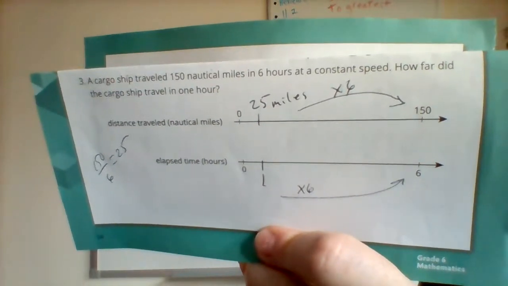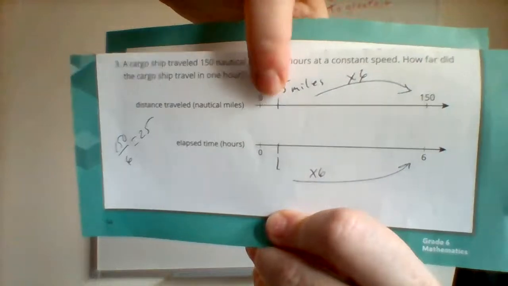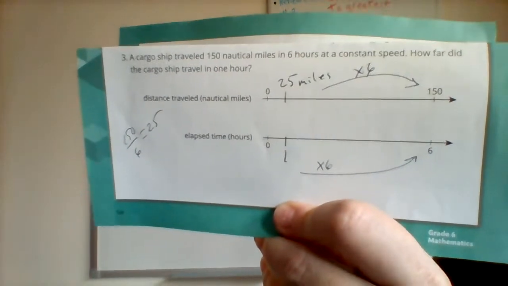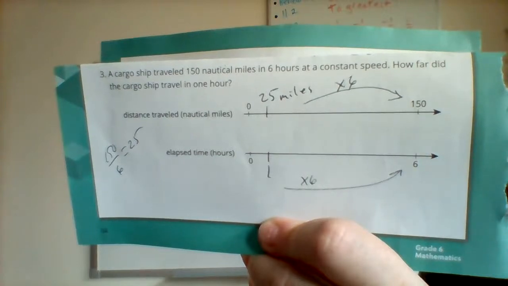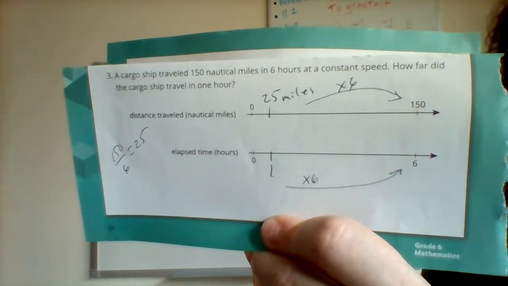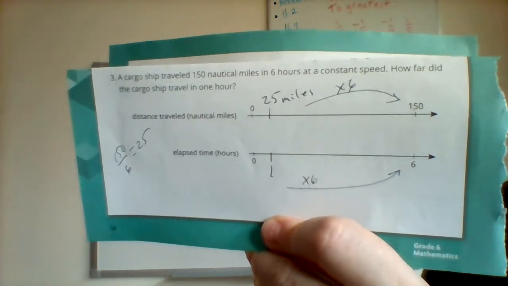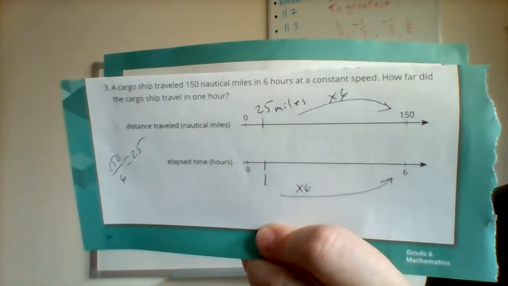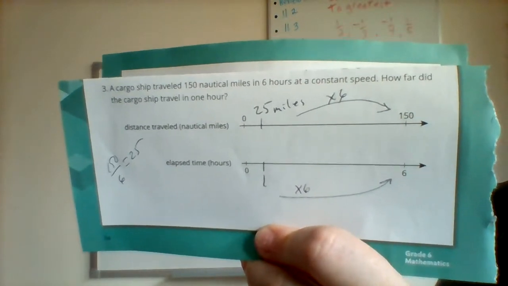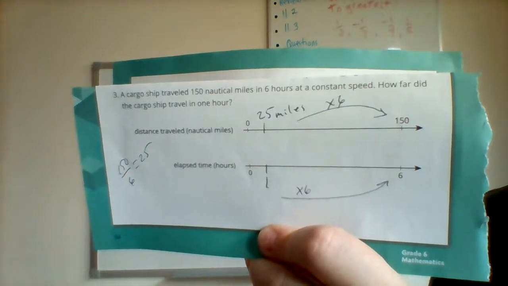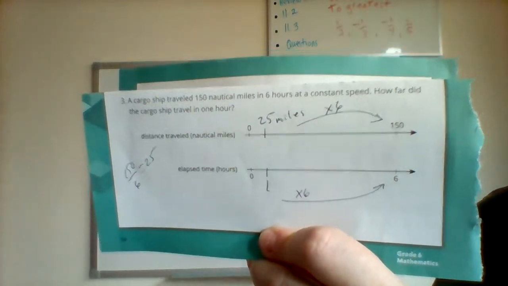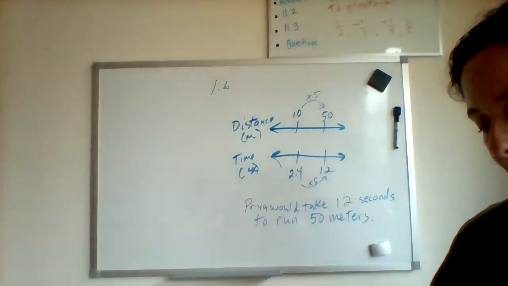I would divide by 6, and I put down multiply because you could just check your work. 6 divided by 6 is 1. 150 divided by 6 is 25. And just to double check your work, 25 times 6 should give you 150. And 1 times 6 should give you 6. All right? How about that one? Any questions on that one?